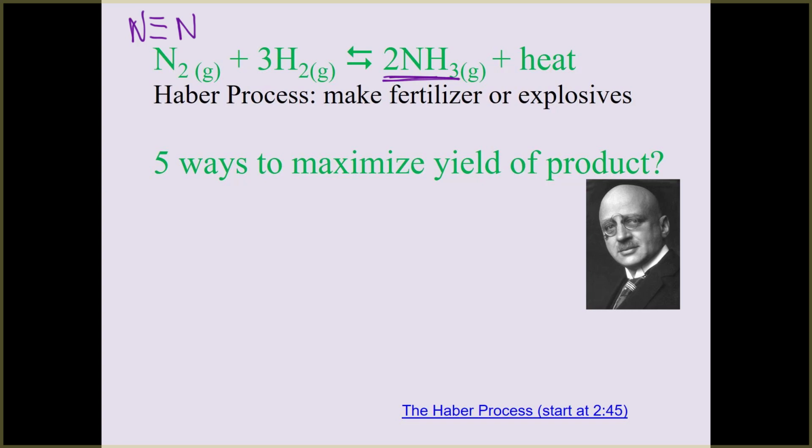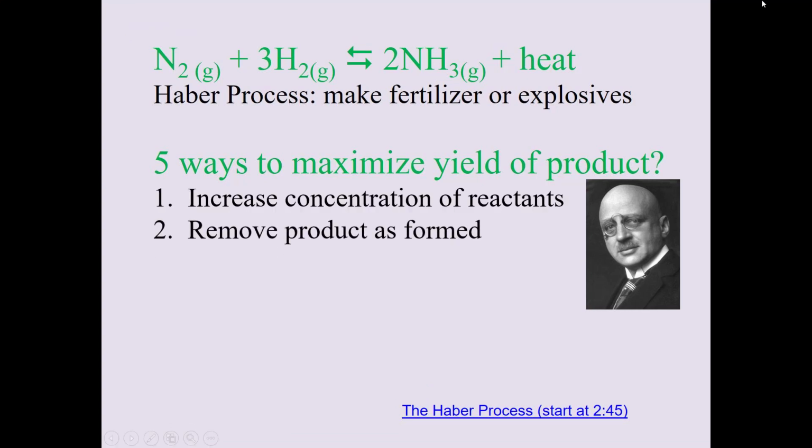So we want to increase the concentration of reactants, so make sure you have lots of nitrogen and hydrogen gas. You can remove the product as it forms, so it keeps encouraging making the ammonia. You can remove the heat. This will lower the heat, and again, the reaction will shift toward the products, so you'll make more of your product.